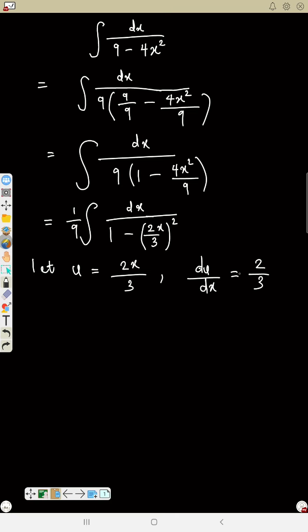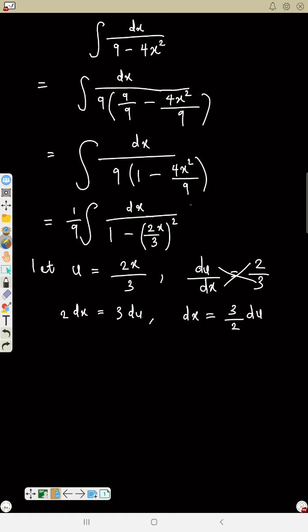So we can now have, if we cross multiply, 2 ds is equal to 3 du. So ds will be equal to 3 over 2 du, as you can divide both sides by 2.